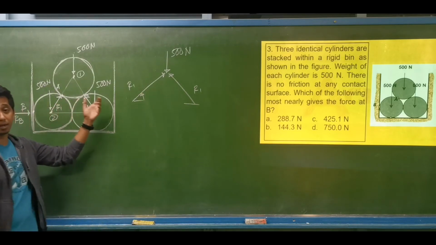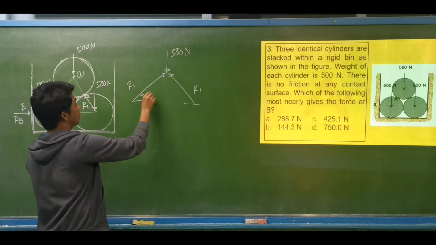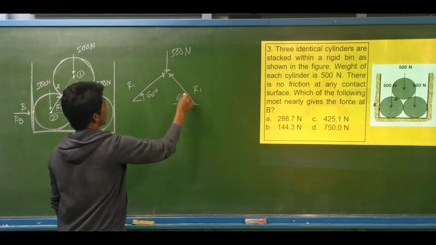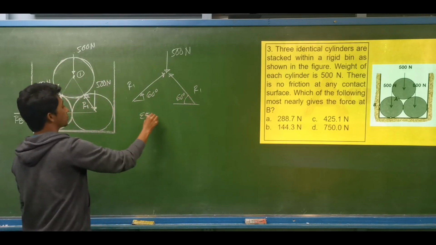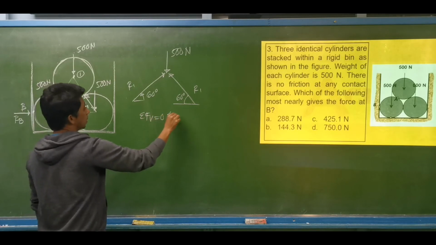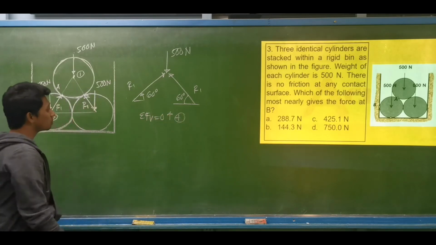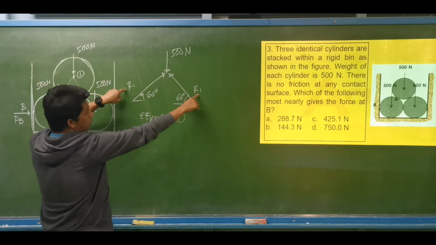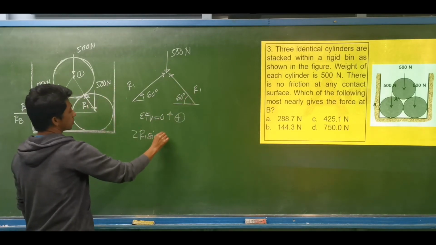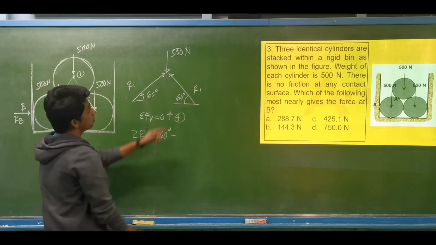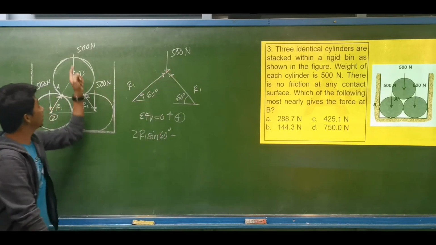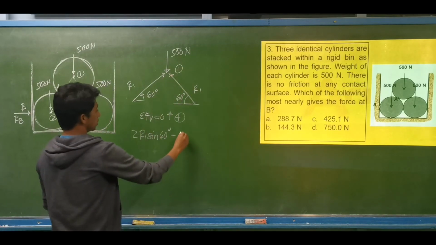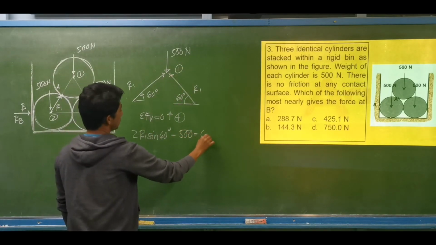Since it is an equilateral triangle, the inclination is 60 degrees. Summation of forces, vertical equal to 0, upward forces positive: twice R1 times sine of 60 degrees, minus 500 for the weight of the cylinder on top, equals 0.